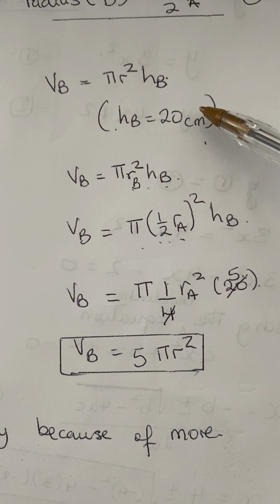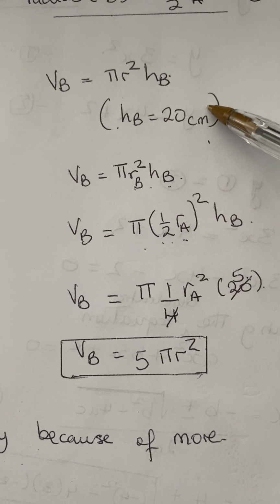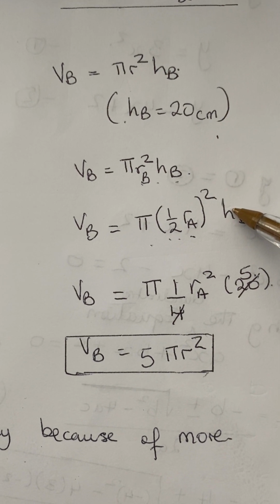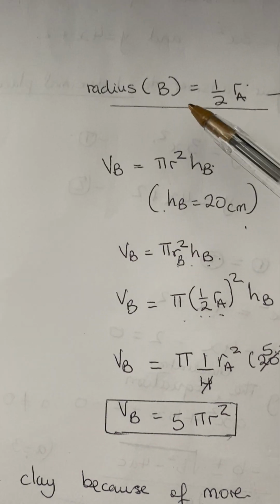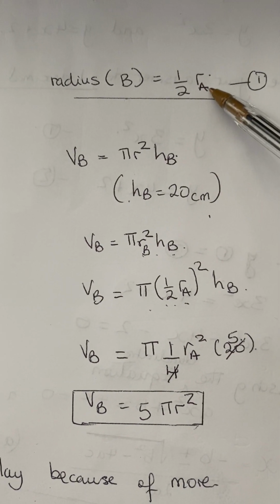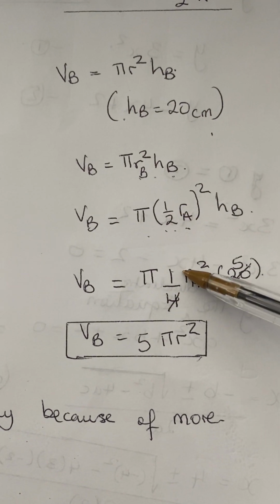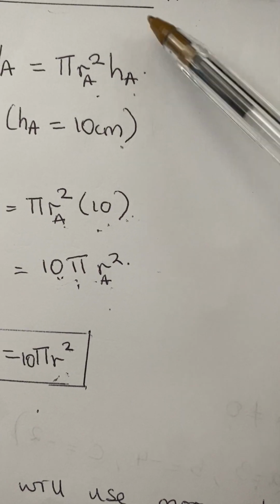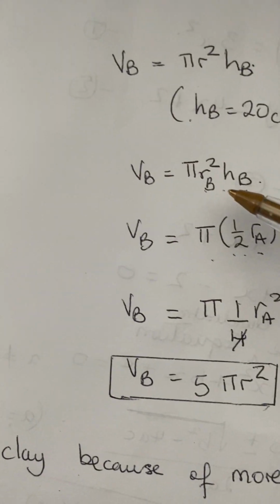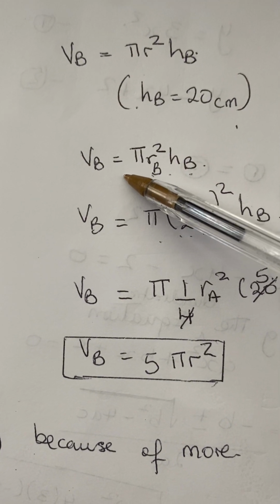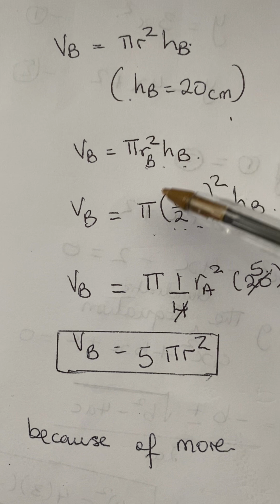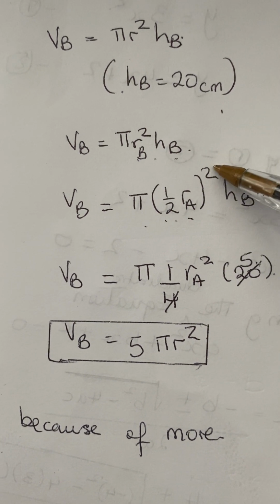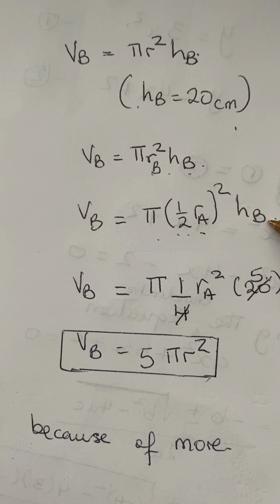So if I put 20 in place of hb, and I substitute half ra for my radius, because this radius here is half of the a, then my volume will be pi half ra squared hb.